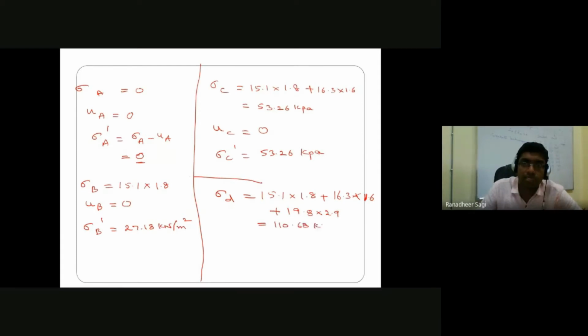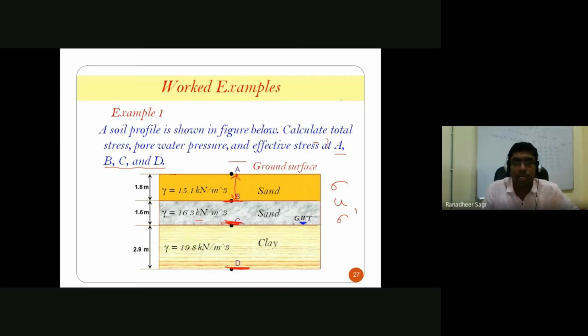110.68 kilopascals is the total stress at point D. Now for pore water pressure at point D, I can ask where point D is from the water table. From the water table, the position of point D is at a depth of 2.9 meters. So the corresponding pressure head at point D is equal to 2.9 meters.